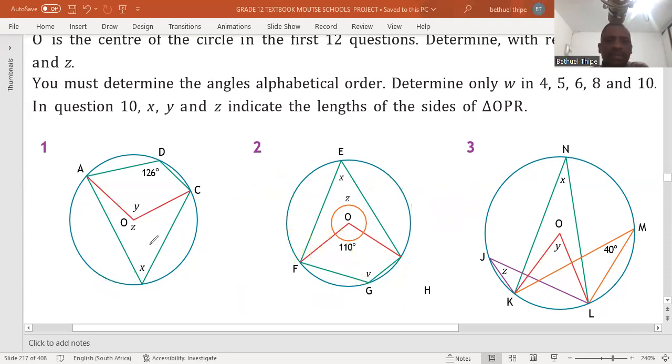And then let's solve for z. Let's solve for z there. z is actually this angle which is here.